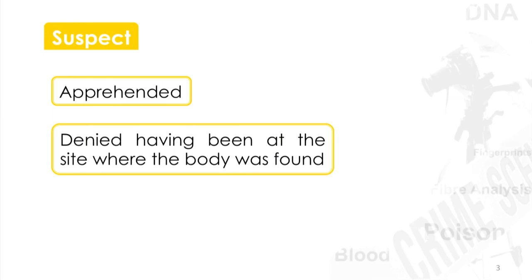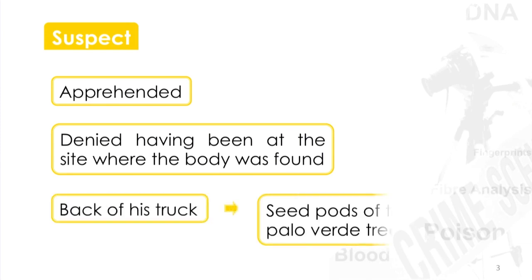Now, this suspect drove a truck, and when his truck was investigated, they found in it seed pods from a local tree called the Palo Verde tree. So the police suggested that maybe he had been at the crime scene because there was a Palo Verde tree there. Maybe he'd parked his truck under the tree and the seed pods had dropped from the tree into his truck.